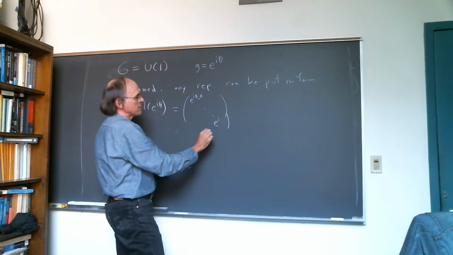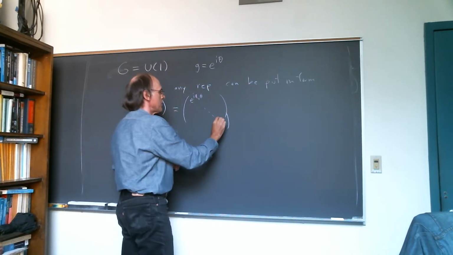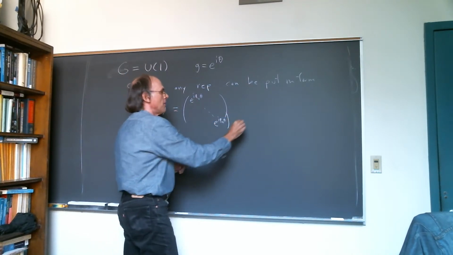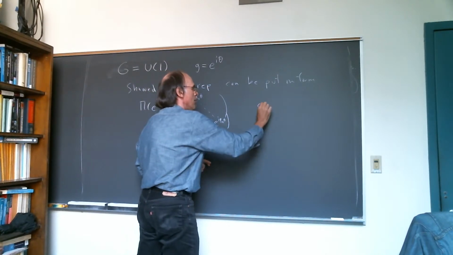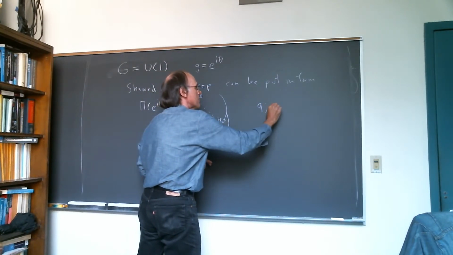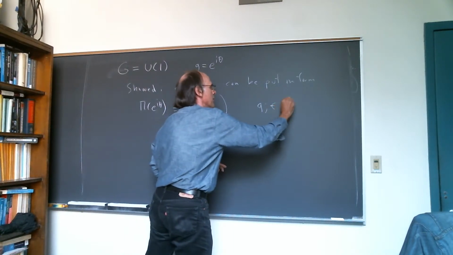If the representation is n-dimensional, there are going to be n of these integers, and each q_j is going to be some integer.